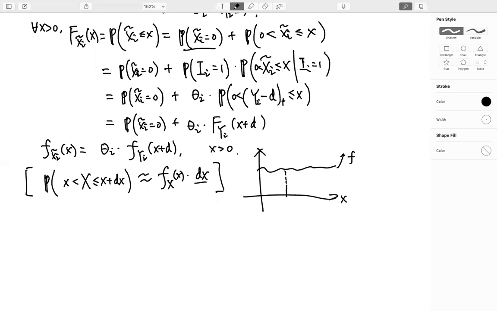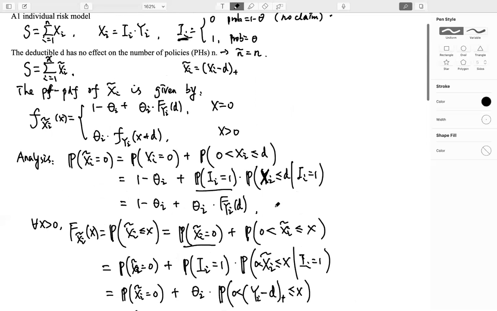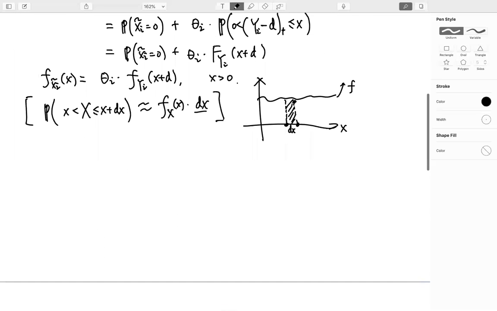You must have an interval. Then we can talk about area. So how do you get an interval? You go from one point to another point. So here I choose a tiny increment. It's very, very small, but it's an interval, like 0.0001. Okay, it's small, but it's something. That is the analysis for the individual risk model.